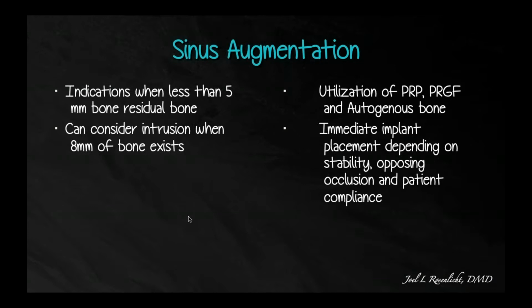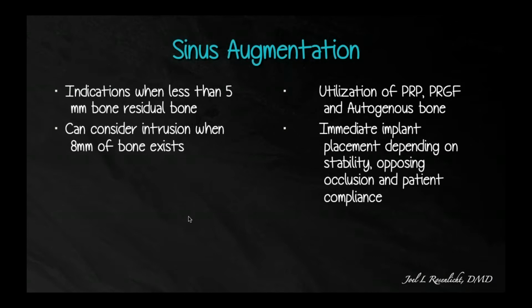Sinus augmentation can be done through a lateral window, which is really what I consider an augmentation. But if I'm going to be doing an augmentation through the actual implant preparation site, then we call that an intrusion. And there are a number of nice techniques that you can use to elevate the sinus floor without a lateral antral approach.